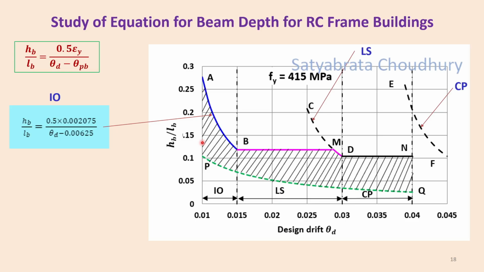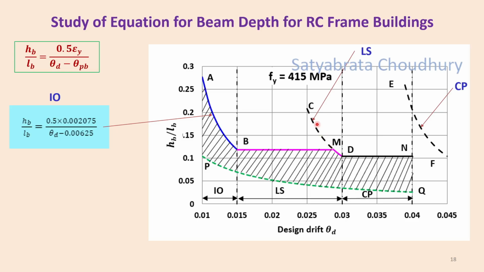So this ratio will give me a building which will satisfy the LS condition. Now see, this same ratio is also matching with the IO building. The point was here, I have come here, and this is the HB by LB ratio. The same ratio will also give me an IO building. So why should I go to an LS building? I shall remain with the IO building, which is a higher performance building.